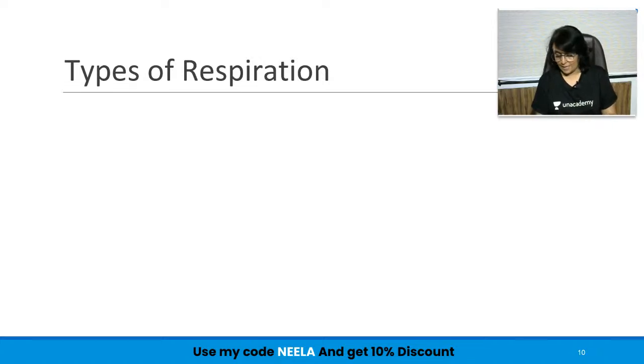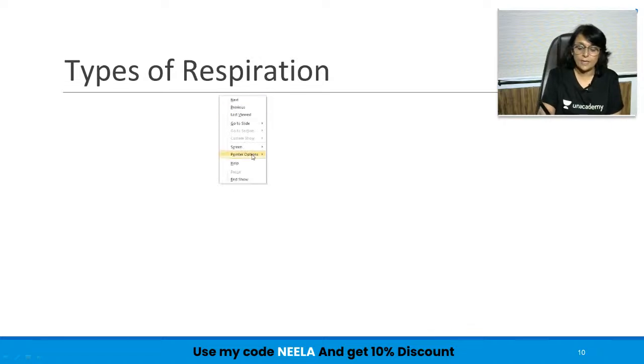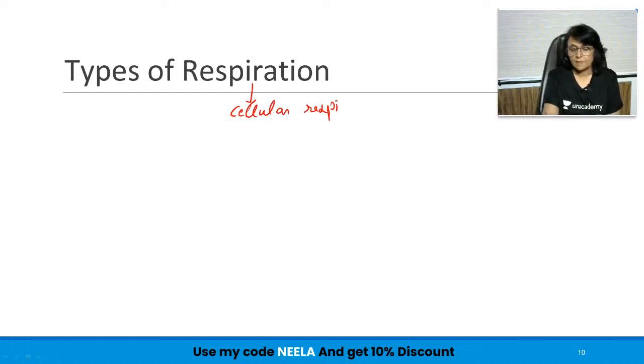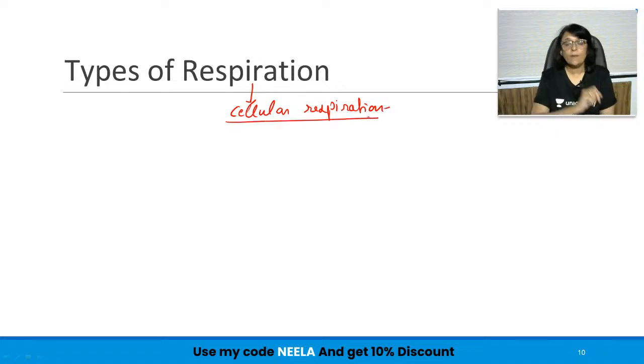Now when we talk of types of respiration, what exactly we mean here by respiration is the cellular respiration. Now when we use the word respiration, there are two parts.